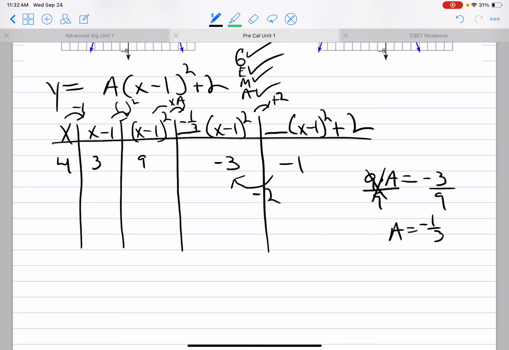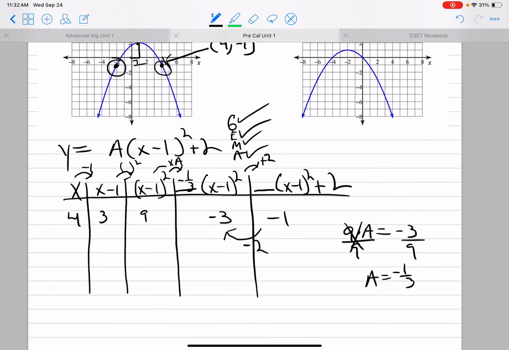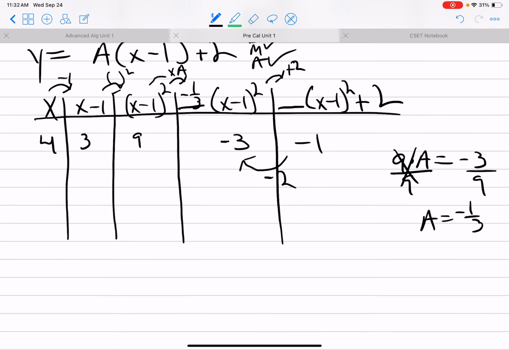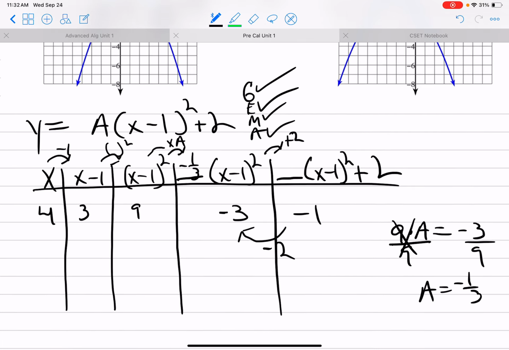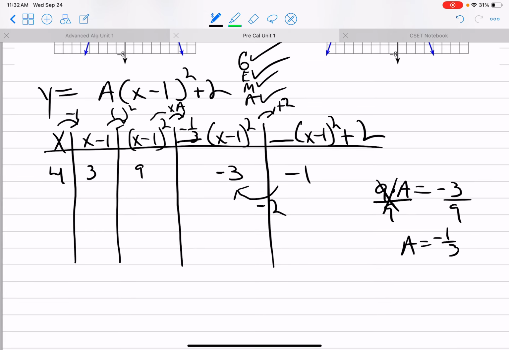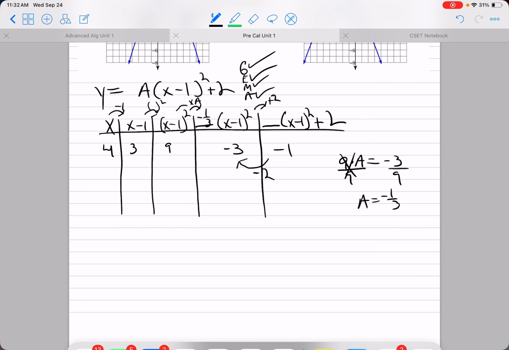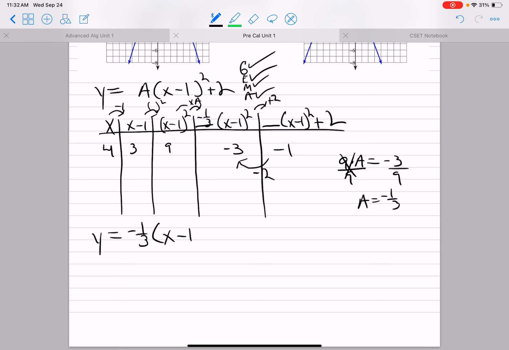-1/3, right? We knew it should be negative, and it's -1/3, which is making it a little bit fatter than normal, okay? So it's compressing it. So A equals -1/3. So now my equation will say y equals -1/3 times x -1 squared plus 2.